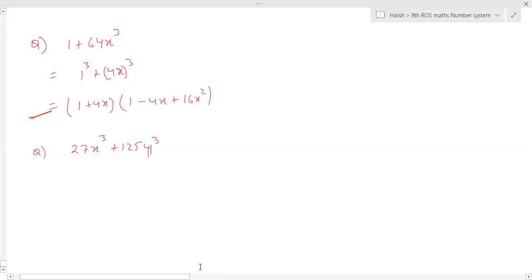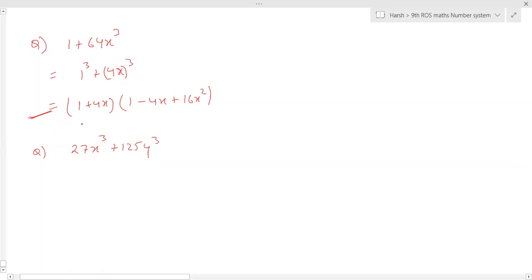So 3x plus 5y into 9x square plus 15xy plus 25y. Srinidhi, I think this has become a habit for you. You are always writing plus, plus, plus. Why plus, Srinidhi? This is minus. You come out of that a plus b whole square formula. Okay, sir.